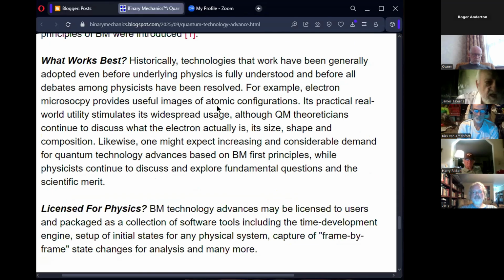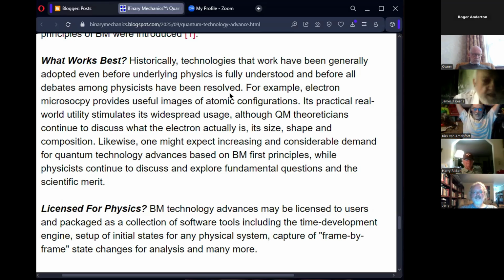What works the best? This is what wins the game, both for theoretical physics and in the real practical world. Historically, technologies that work have been generally adopted even before underlying physics is fully understood and before all debates among physicists have been resolved. In other words, binary mechanics is not going to stop physicists from debating things.